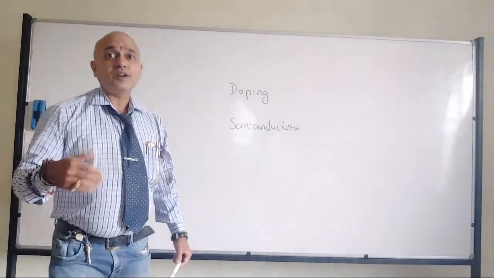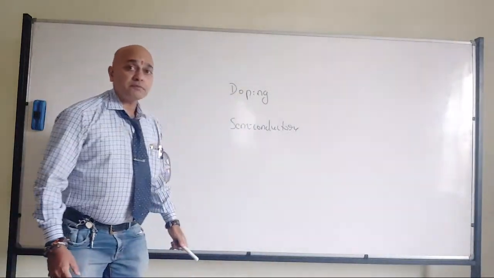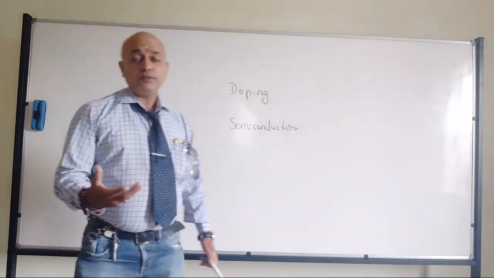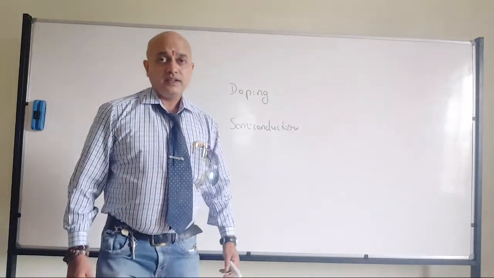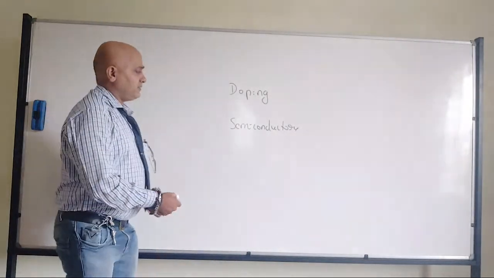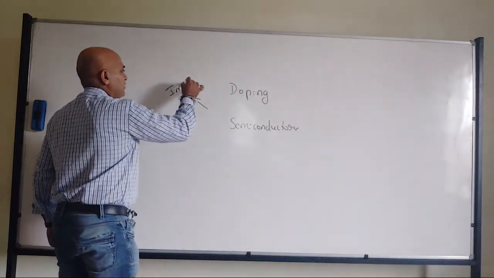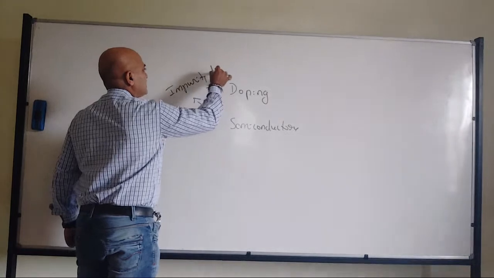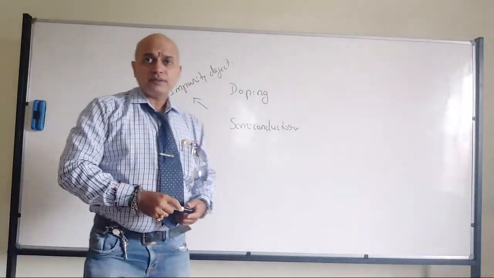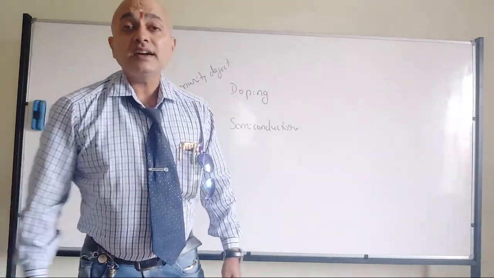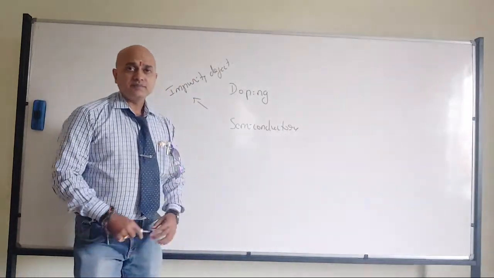That process is called doping. The semiconductors in our mobile phone or computer are not in pure form; there is an impurity, so we can call it an impurity defect, but one which we have introduced purposefully. Why? To enhance the conductivity. That's where we have the semiconductors.